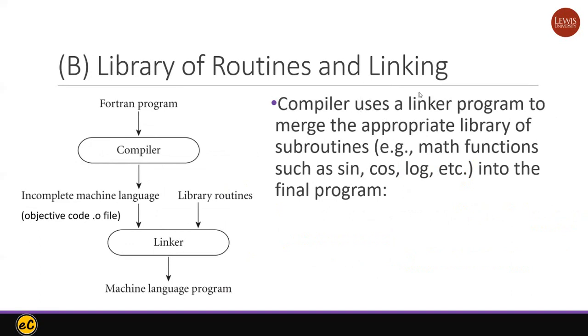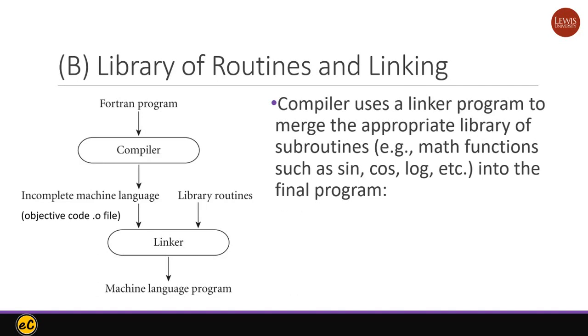So there's a library, and the library routines nowadays become the standard template library for C++, and you link and go. Now, linking originally was compile-time linking. We call it static linking, and later it became dynamic linking.